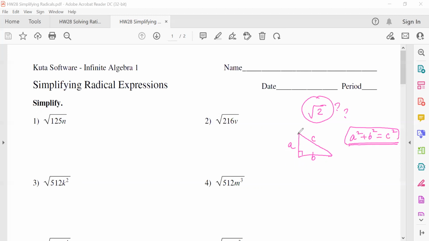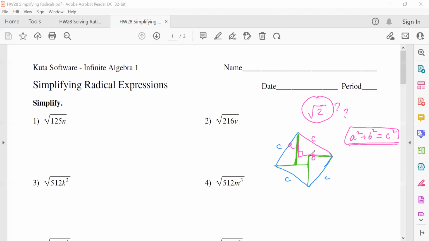I said, let's use C to make a square, right? So this side is C, this side is C, this side is C. So we copy this right triangle here, and it goes like this. This is A, this is another one, and another one.